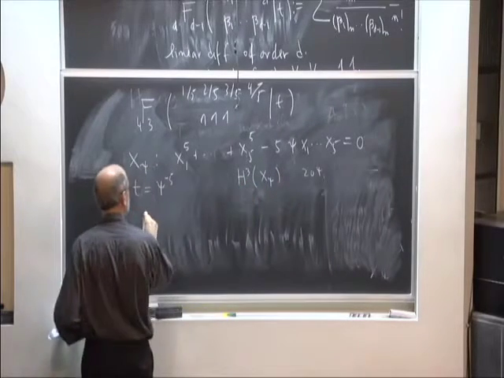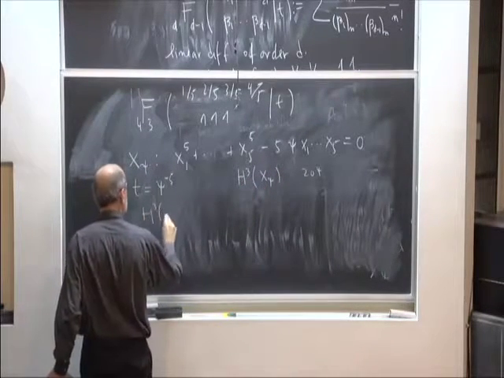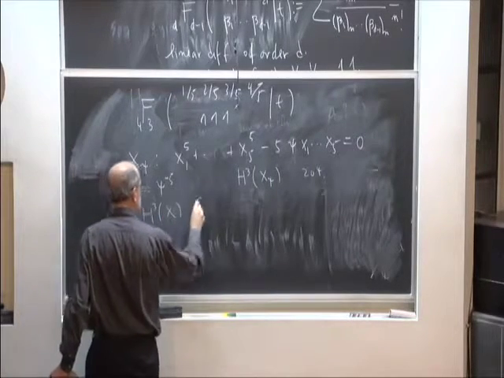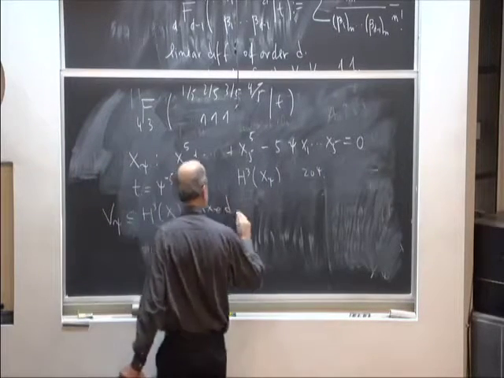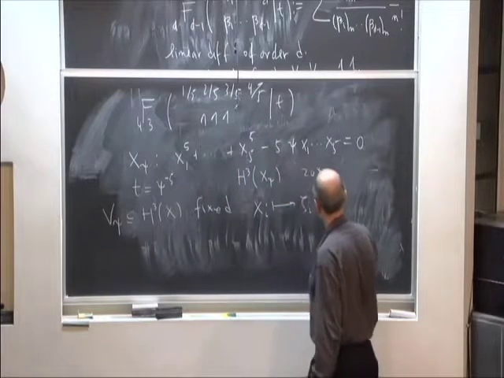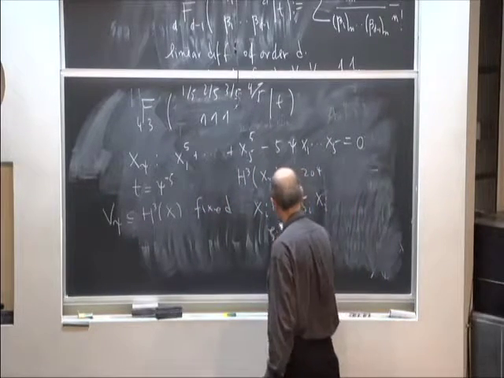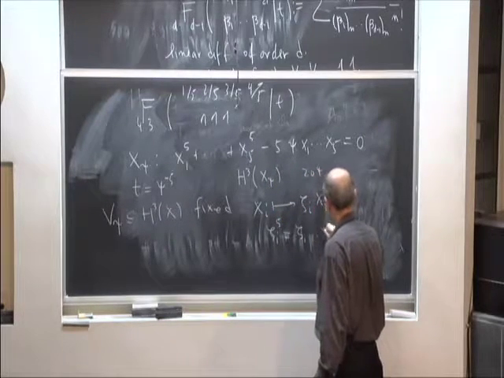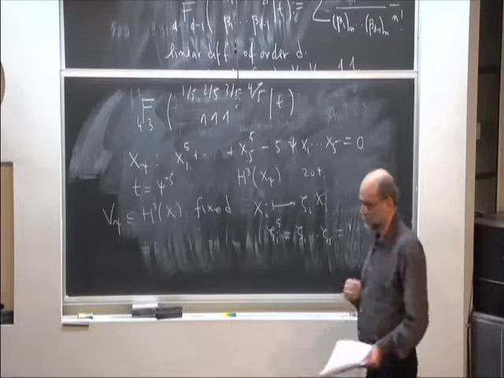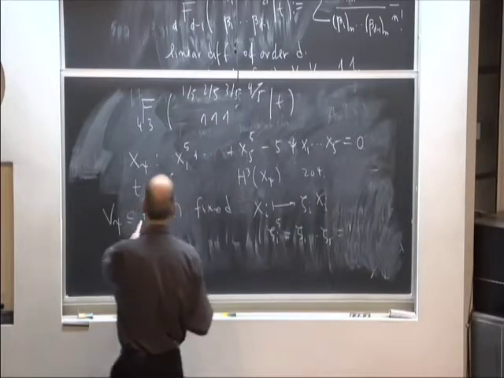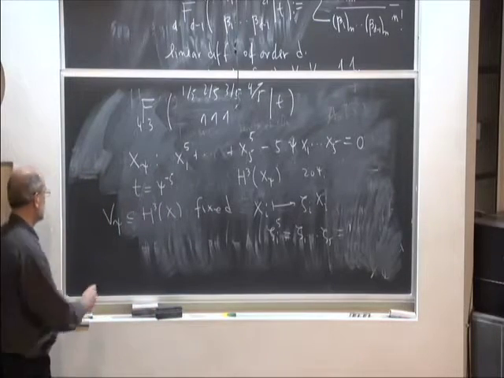So if you look at the subspace V psi fixed by the automorphism sending x_i to zeta_i x_i, where zeta_i is a fifth root of unity and the product is 1, then this visibly acts on the threefold, and it acts on the cohomology, and it fixes a 4-dimensional space.